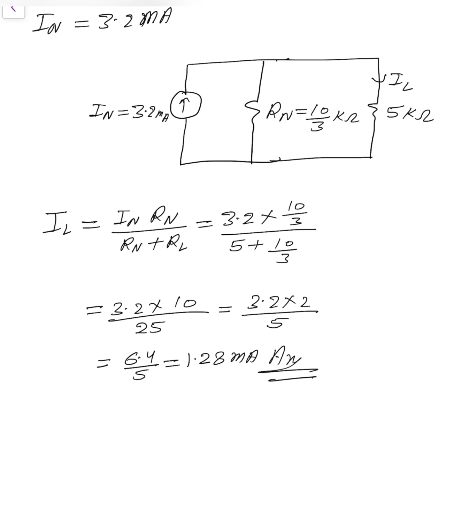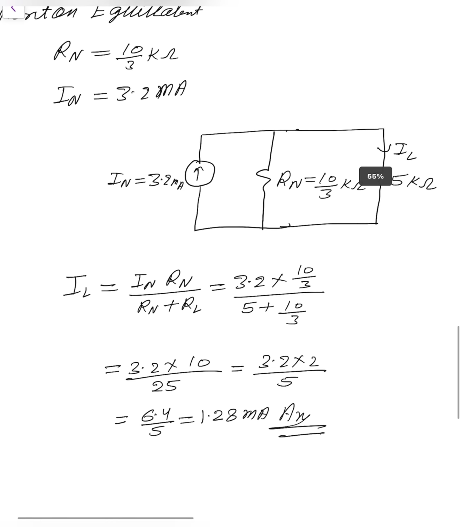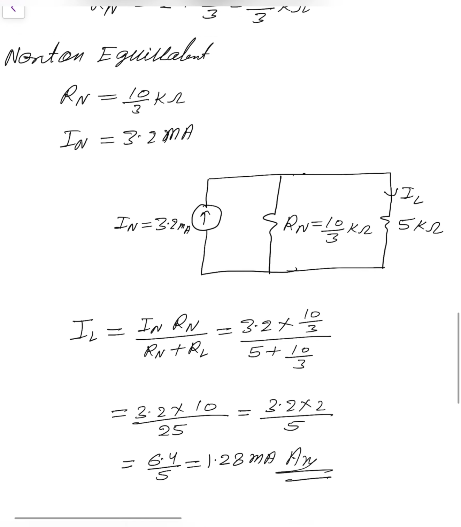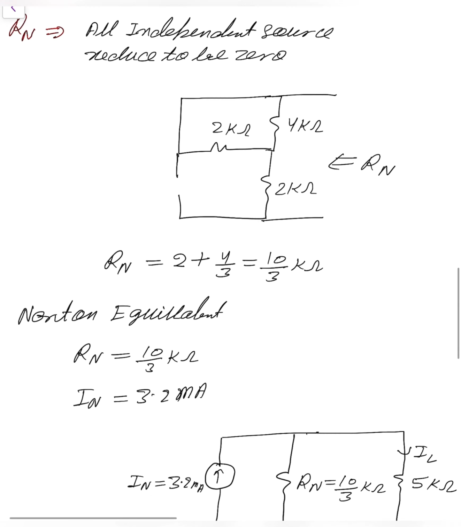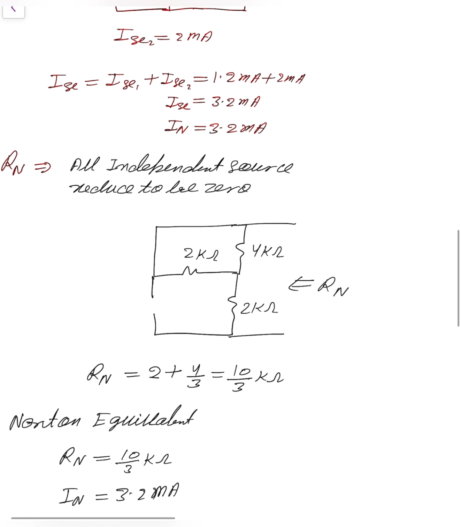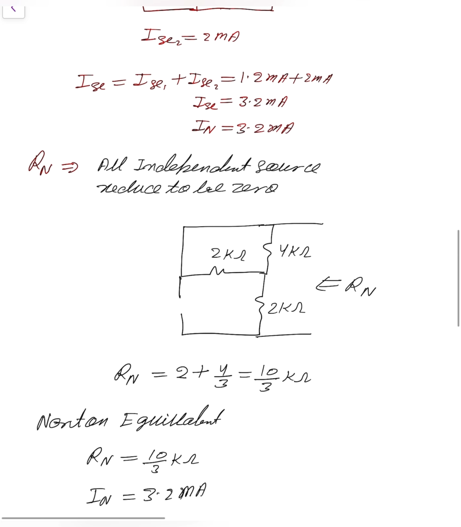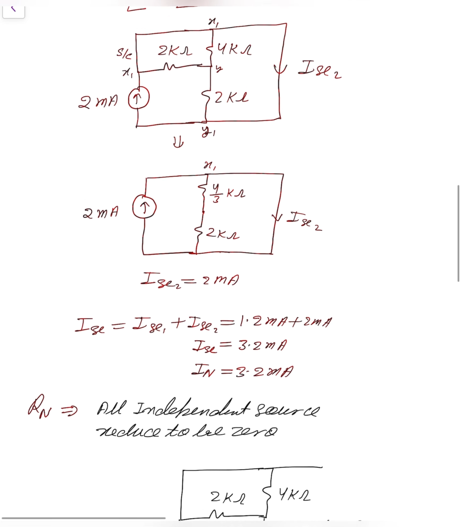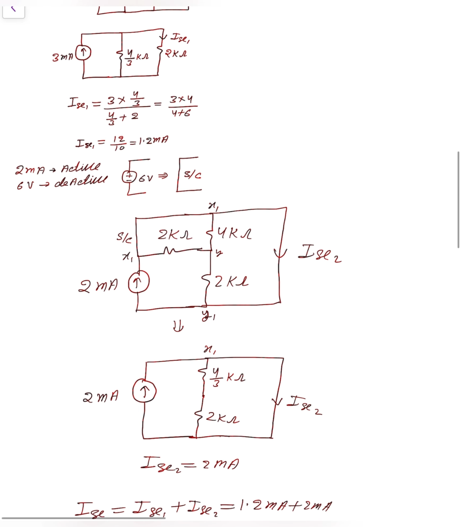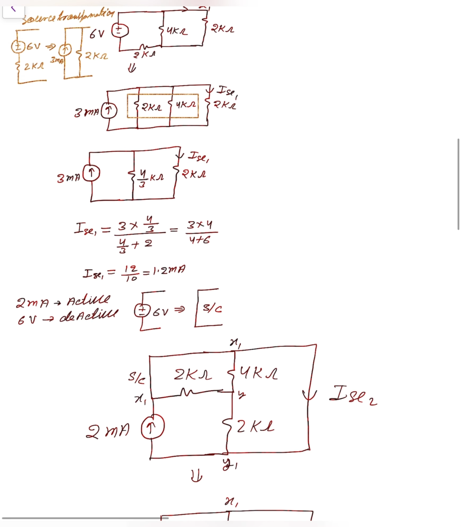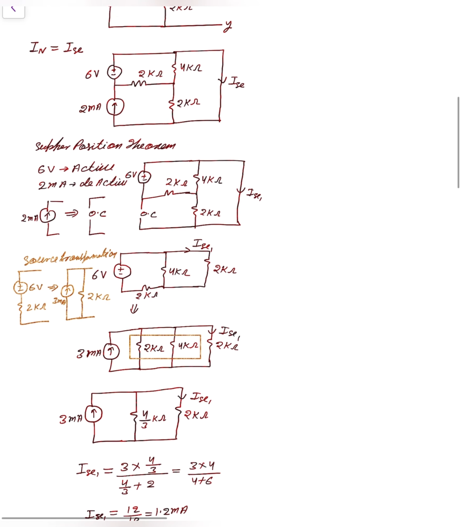Maybe our calculation is wrong, but the procedure is right. Sometimes calculation mistakes happen. Always follow the procedure and try yourself. If any doubt, then comment it, I will discuss again.